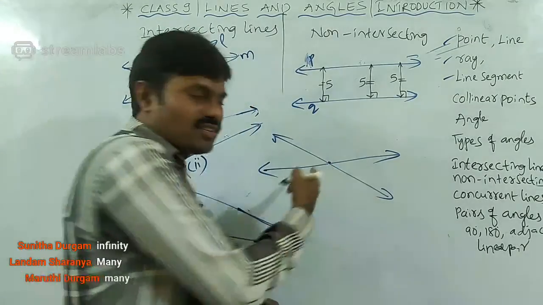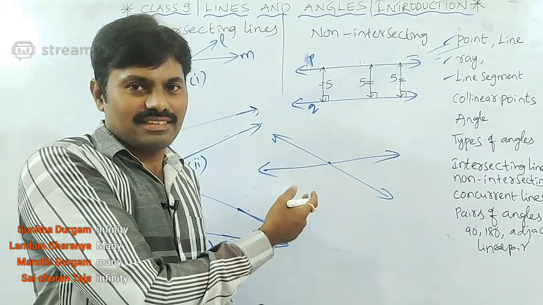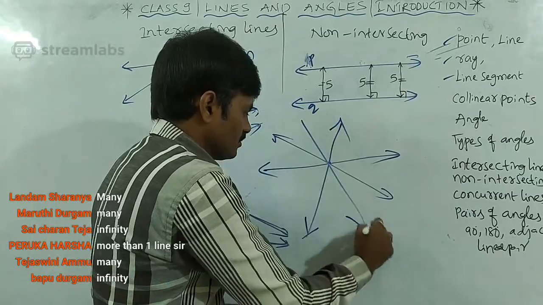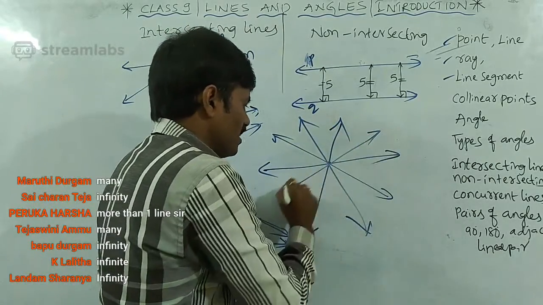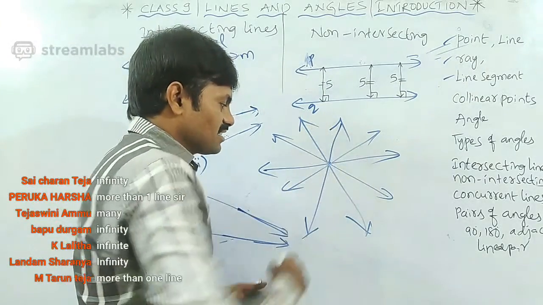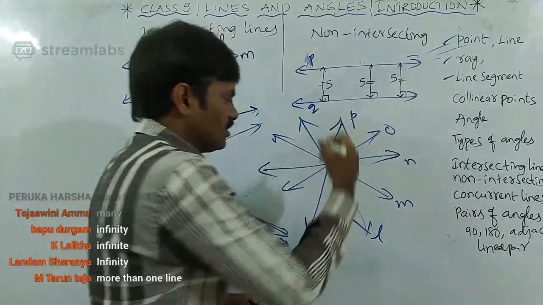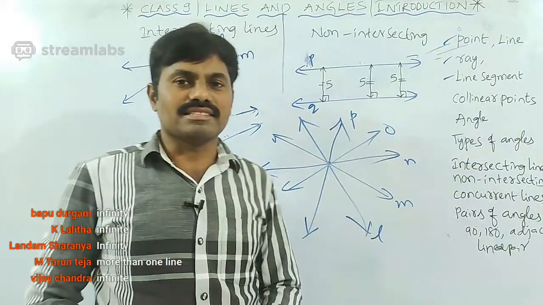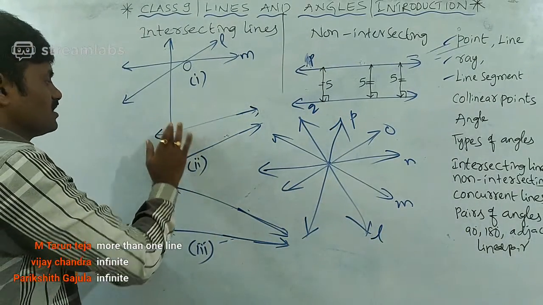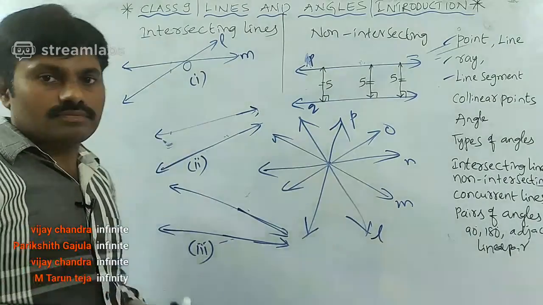If 2 lines only pass through a single point, we call those intersecting lines. If more than 2 lines are passing through the single point, what do you call these lines? If you name these as L, M, N, O, P, what do you call these lines?